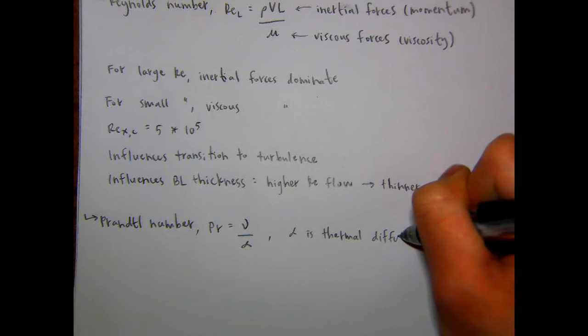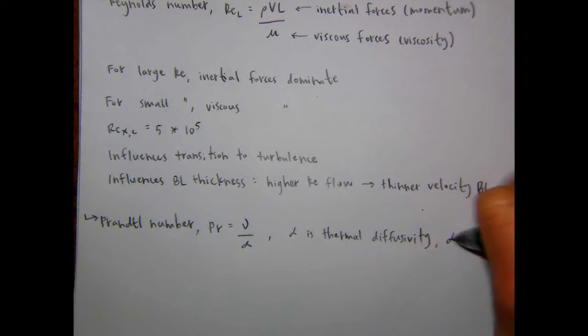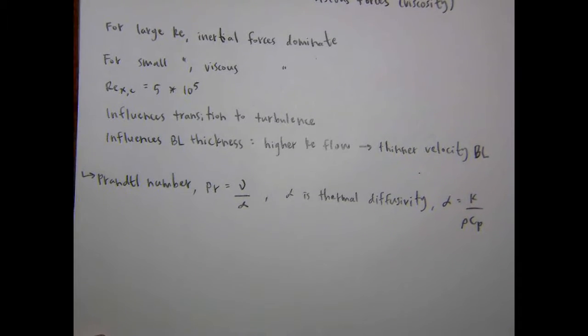So thermal diffusivity, and it's defined as k over rho Cp. So how quickly a material conducts heat versus how well it stores it.